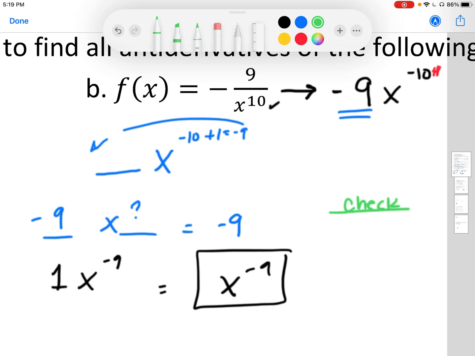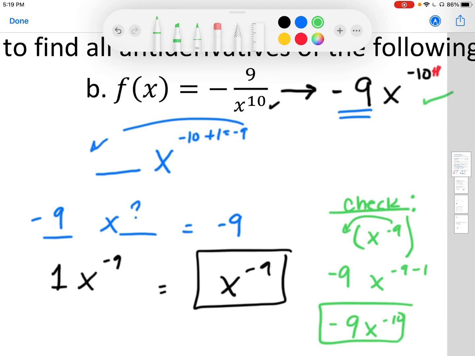It's going to require a lot less effort as you practice and you do more of these problems. And again, if you want to make sure you're right, you can always take the derivative. So what's the derivative of our answer? I'll bring the 9 forward, so negative 9, and then I subtract 1. So I have negative 9x to the negative 10, which is our original problem.